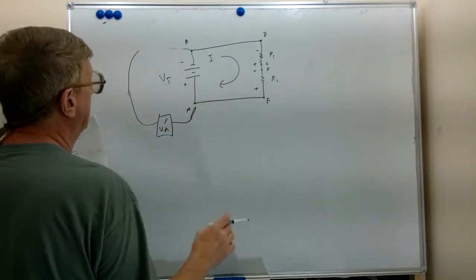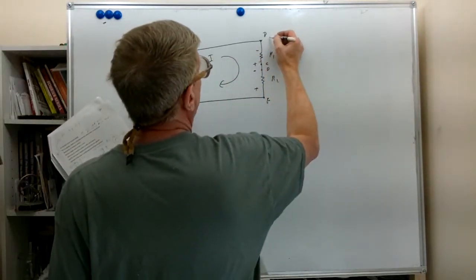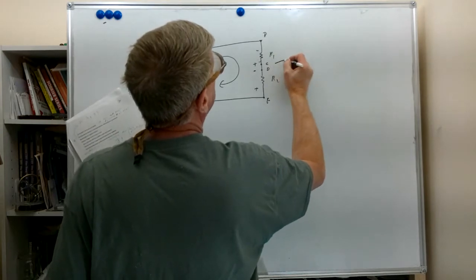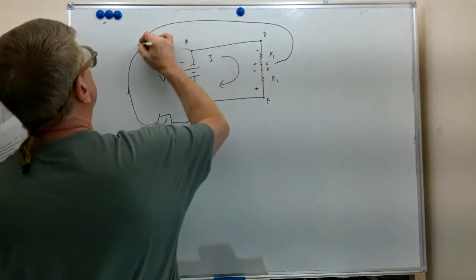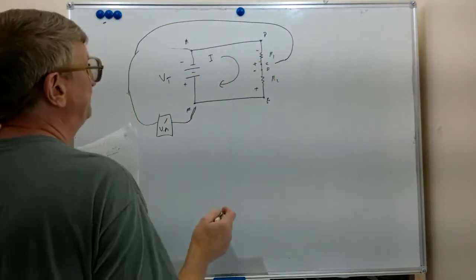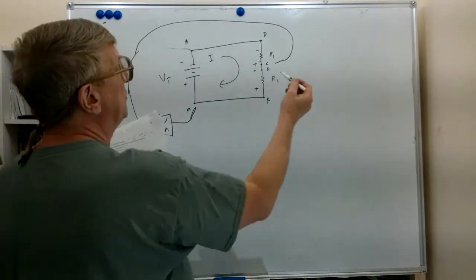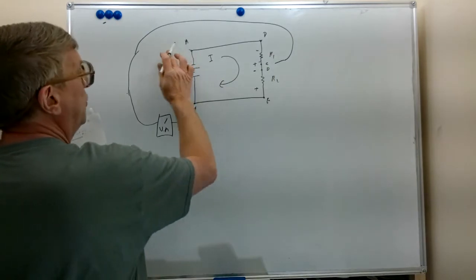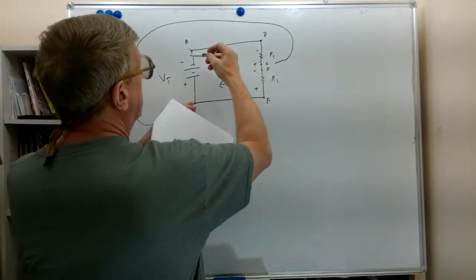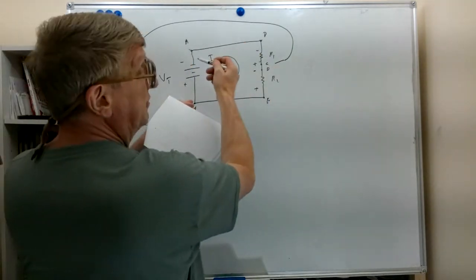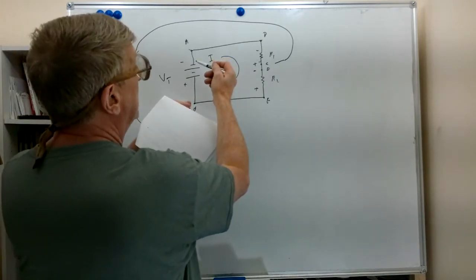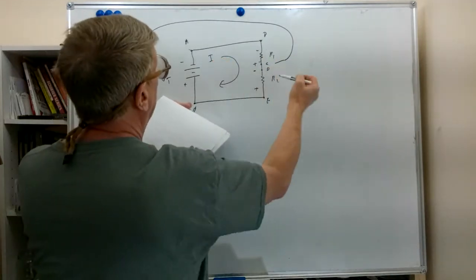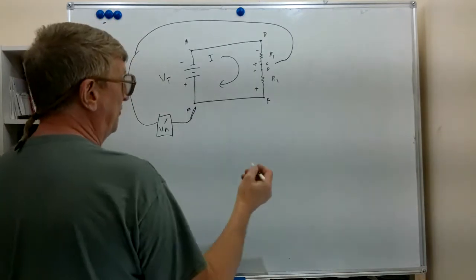If we disconnect from there and we move over here to point C, we will see that we have become less negative. We're taking our voltage measurement a little further from the negative source of the power supply, but a little closer to the positive source of the power supply.